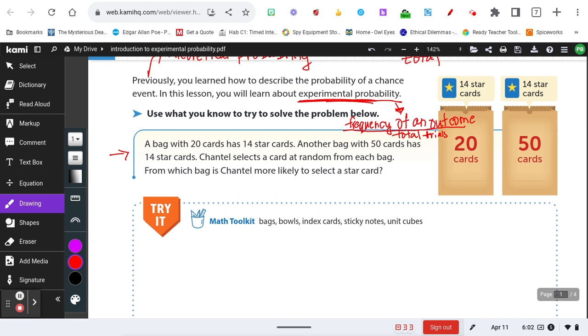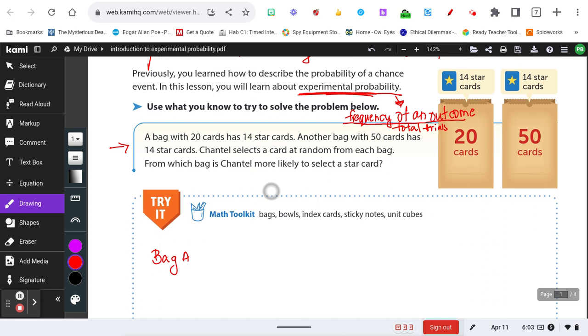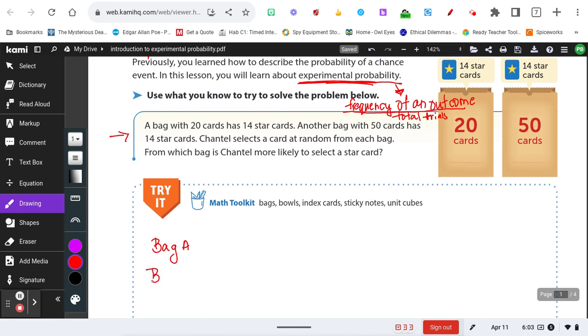You all probably already have an idea, but I'm going to kind of just chart this out. So I have bag A and I have bag B. I'm just going to do a little chart. And then we have star cards.